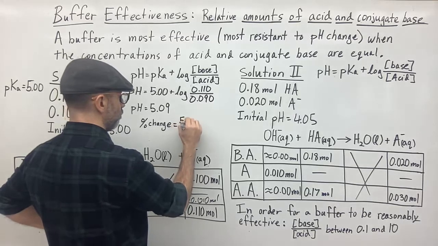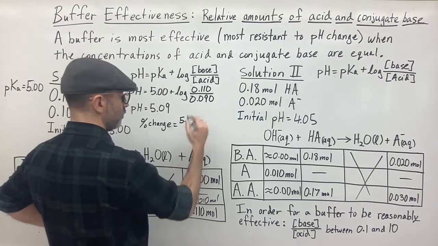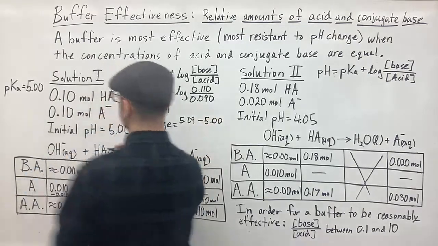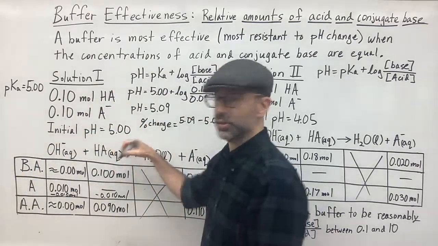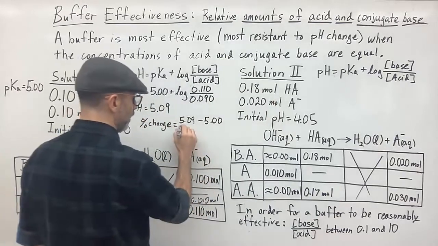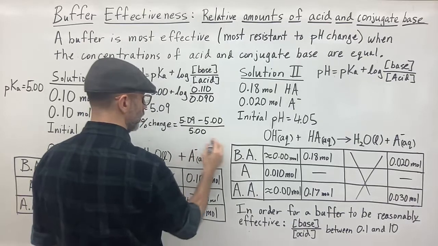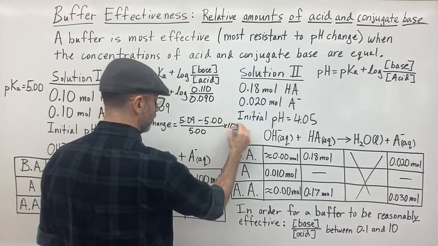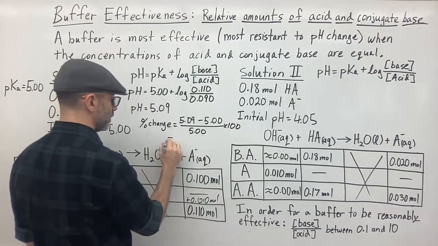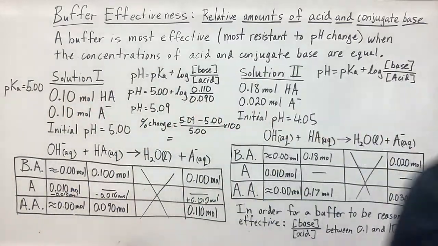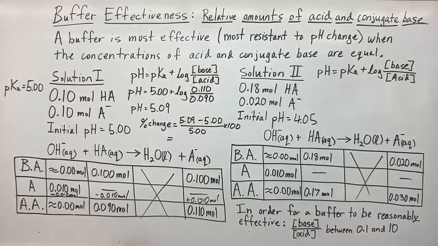So that's going to be 5.09 minus the old pH, 5.00, which is what we're getting here. And that's going to be divided by the old pH, 5.00, and of course multiplied by 100. And we get a percentage that I'm going to calculate right now.